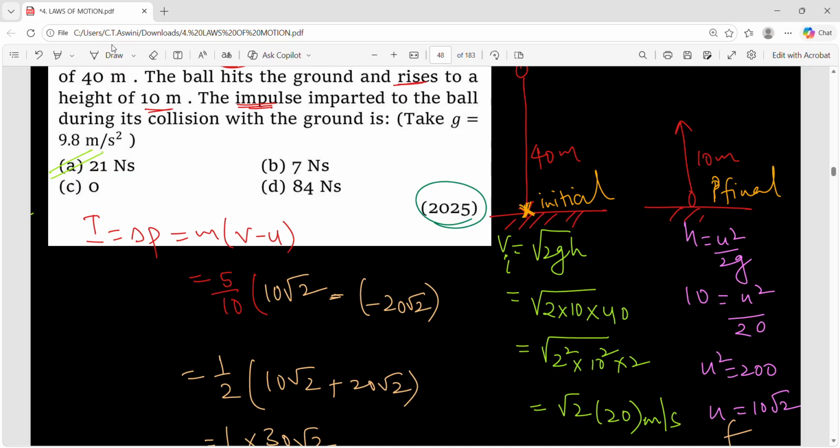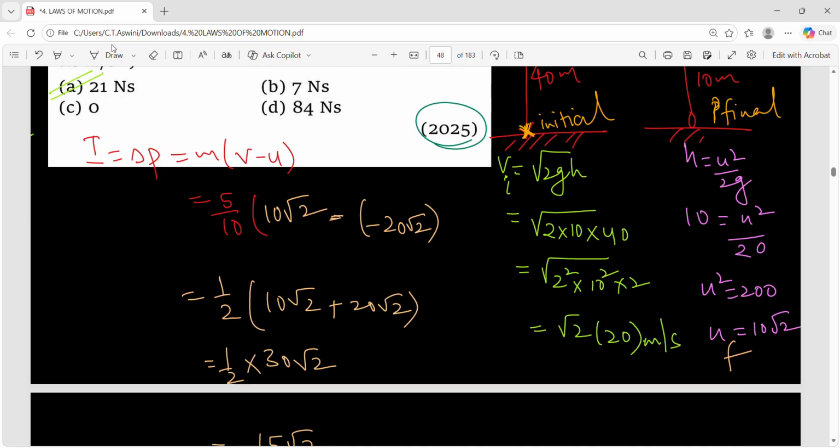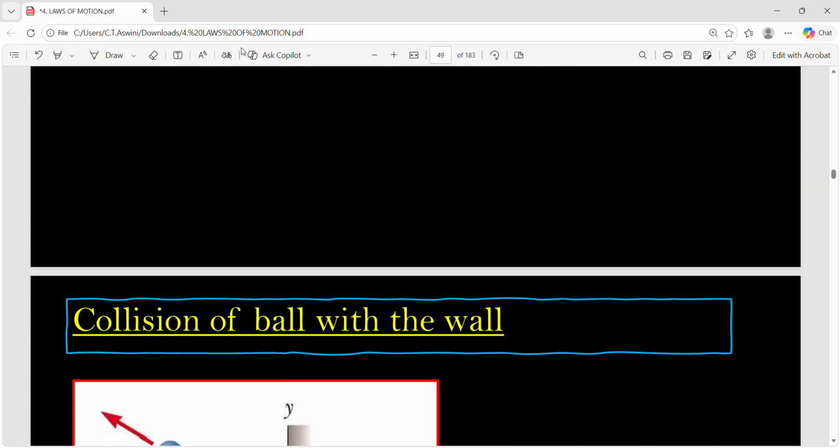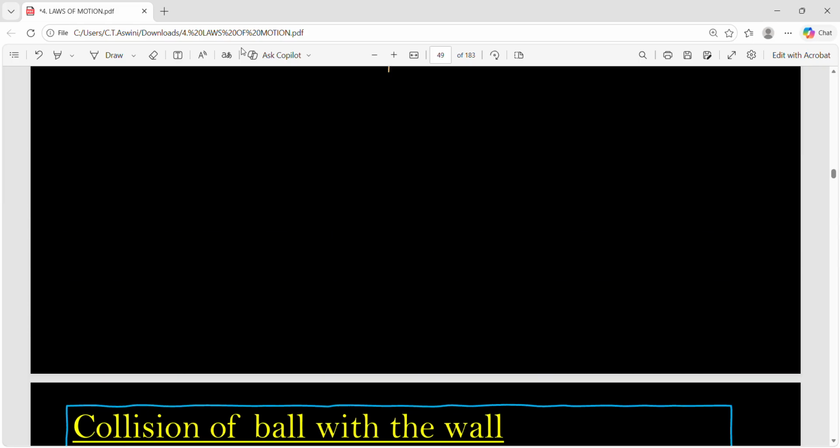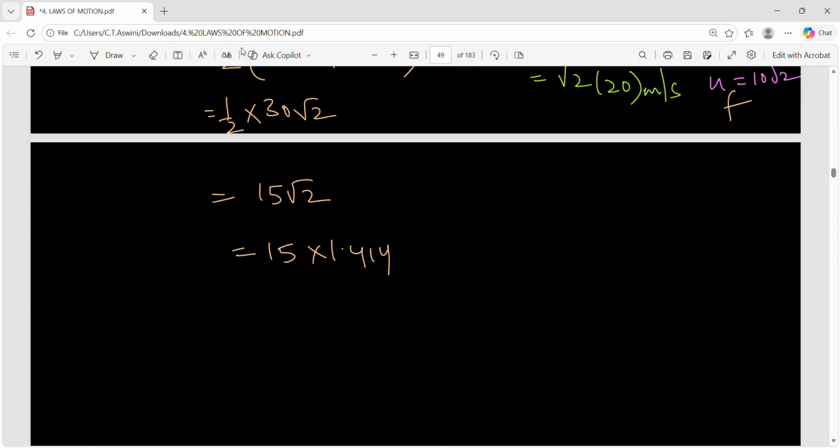So there will be a change in velocity. When it is hitting, some energy will be lost, some velocity will be lost. Where is there a change in velocity? During the collision. So before collision, initial velocity. After collision, final velocity. Okay.